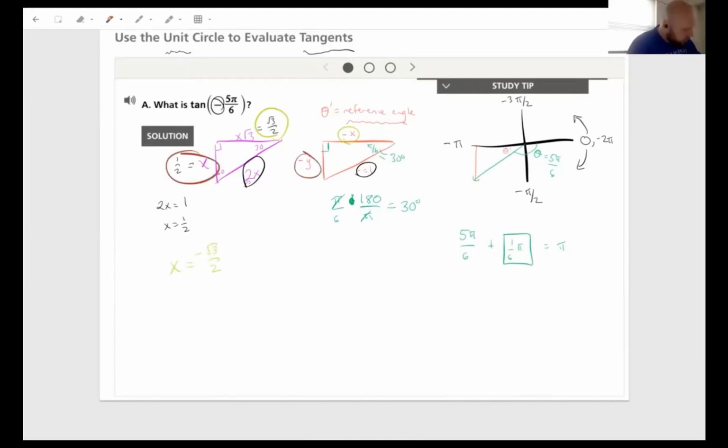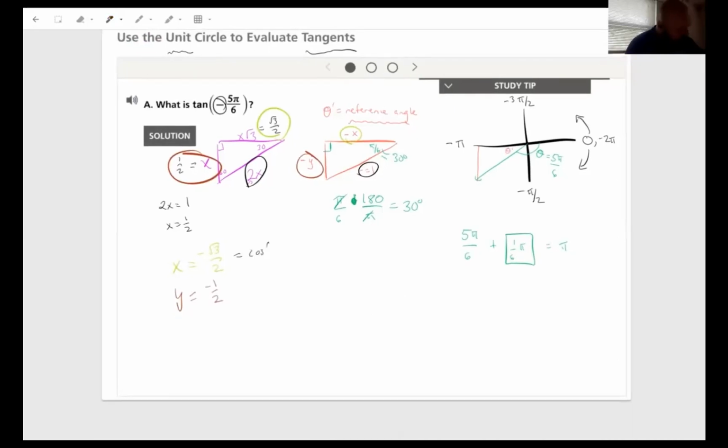Your y value is negative 1/2. So based off all that, we know that x is the cosine of our angle. We know that y is the sine of our angle. But what on earth is the tangent of our angle?